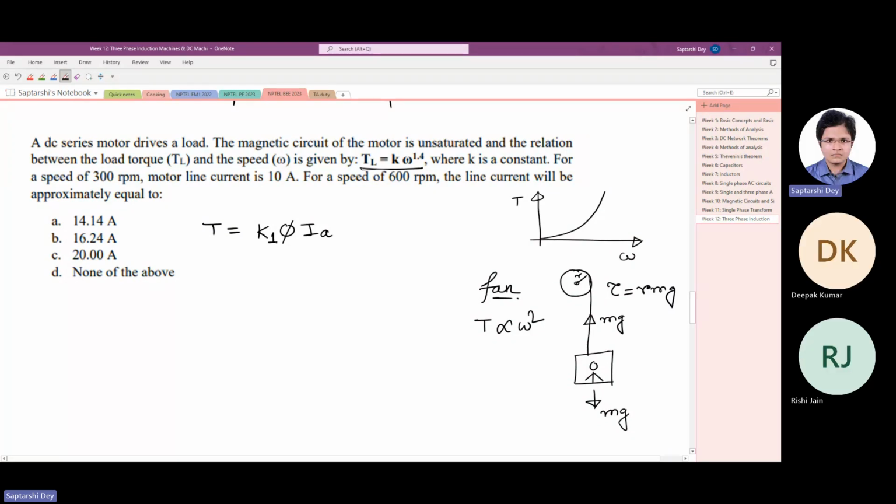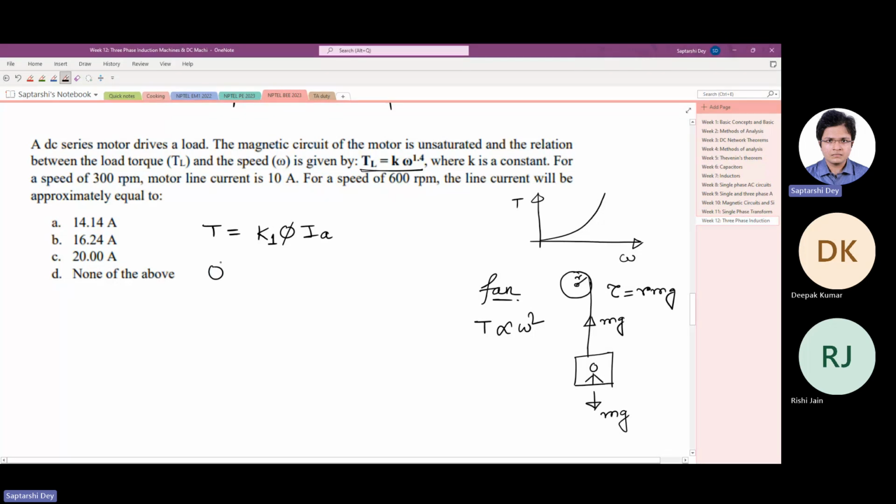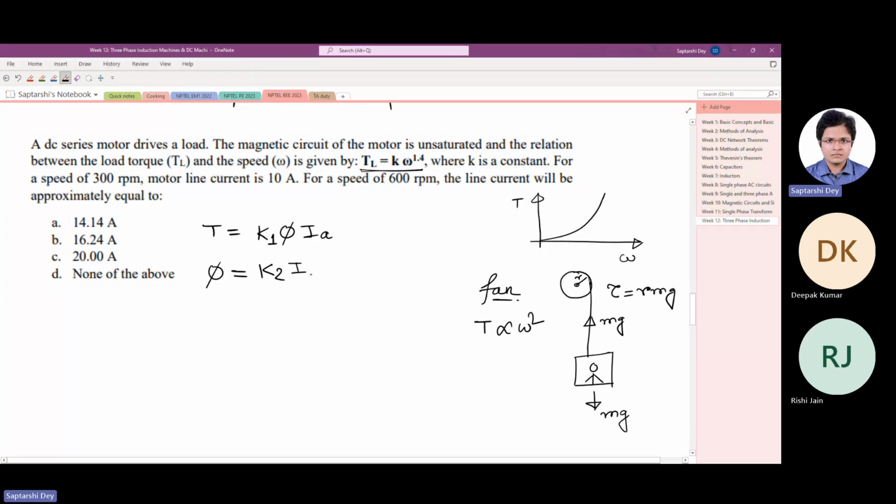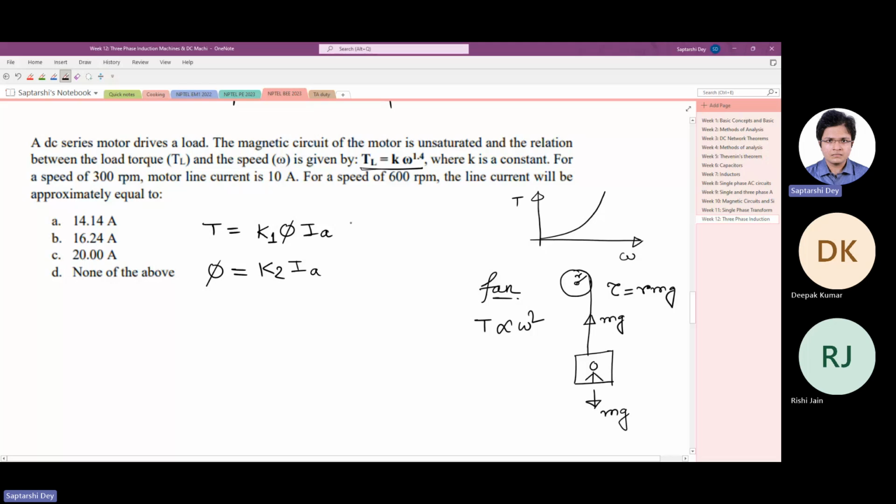That's what we have been asked to find out. Now the flux phi, since this is unsaturated, is again linearly related to current, some constant K2 into Ia. So from here the torque is K1 K2 Ia squared.